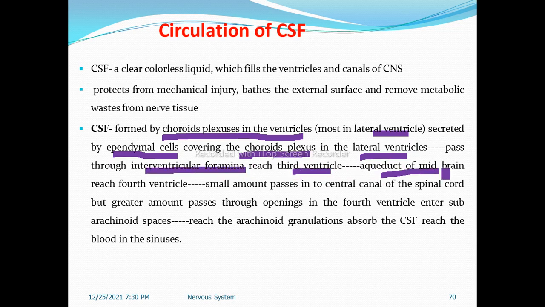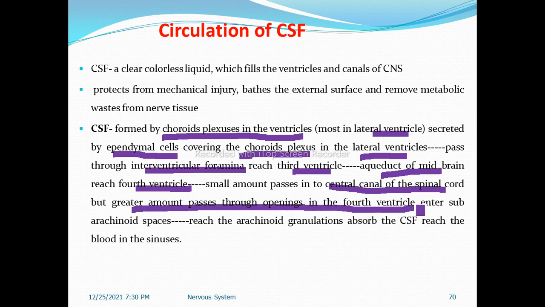Then through the aqueduct of the midbrain it reaches the fourth ventricle. So by the cerebral aqueduct of the midbrain, cerebrospinal fluid moves from the third ventricle to the fourth ventricle. Then a small amount passes into the central canal of the spinal cord, but a greater amount passes through the openings in the fourth ventricle, enters the subarachnoid spaces, and reaches the arachnoid granulations.